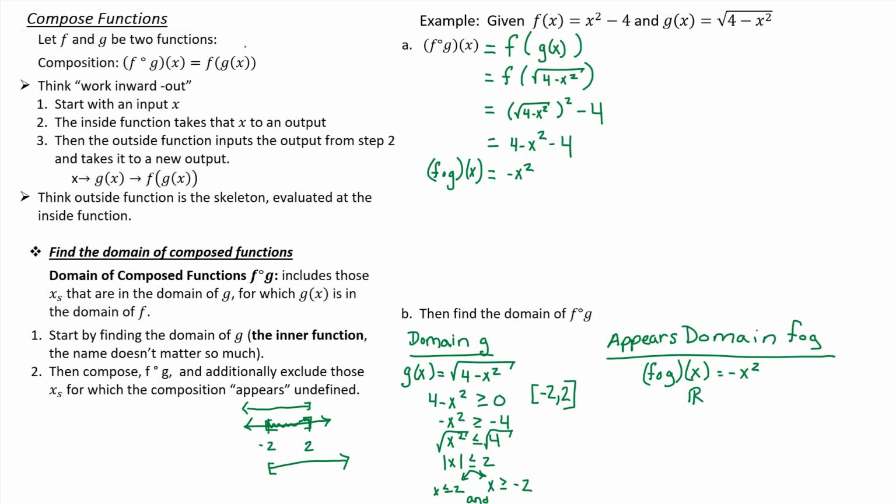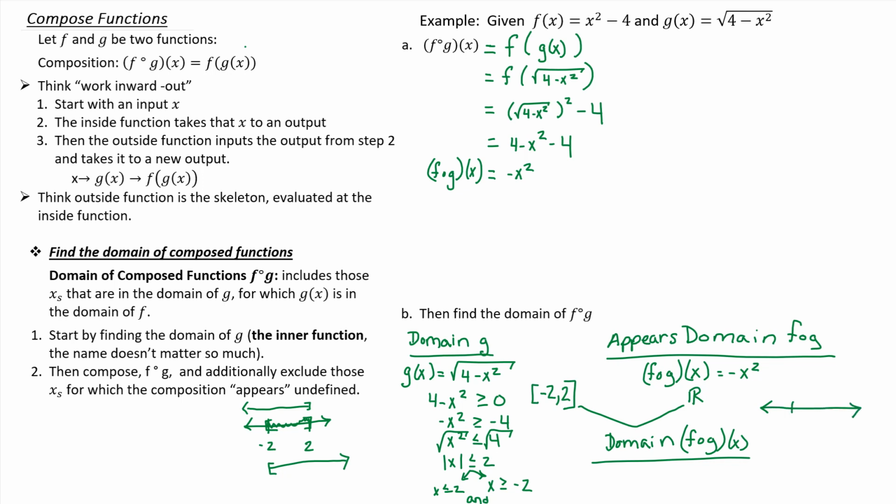So now, to get the actual domain of f composed with g, not just what it appears to be, we need to take the intersection of both the inside function's domain and what appeared to be the domain. So if we intersect these two domains, you can draw it if it helps you.